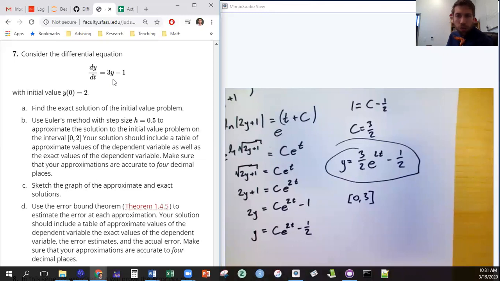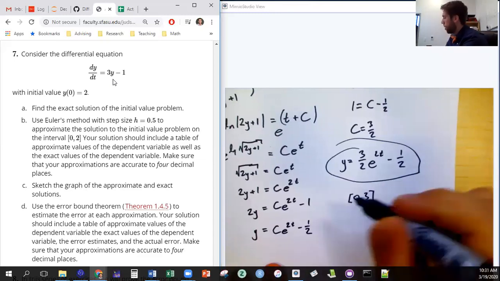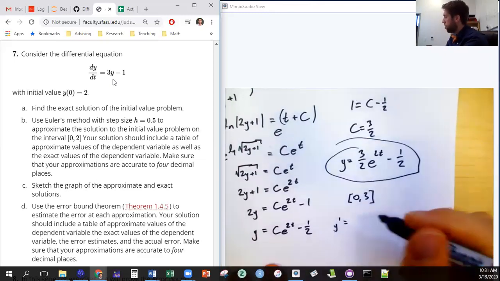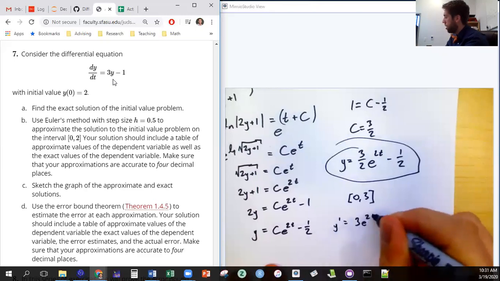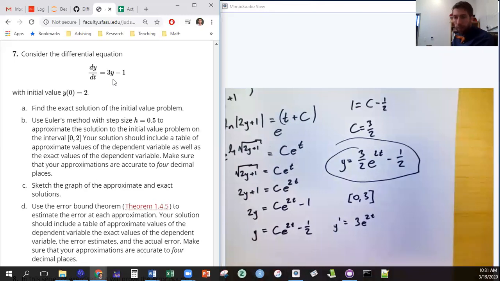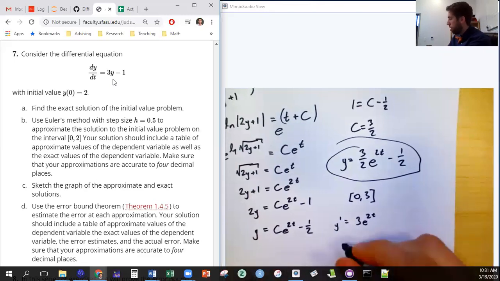So y prime equals 3 e to the 2t, and the biggest value that gets is when t is 3. So L equals 3 times e to the 6.